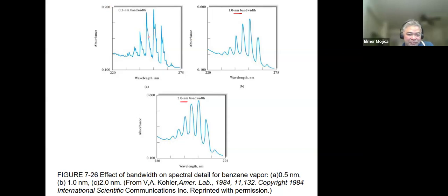The thing is, this is sharp. Now, these are all vapors. That means benzene vapor, between 220 and 275. So that's the compromise of narrow and wider slit. So I end this chapter here.